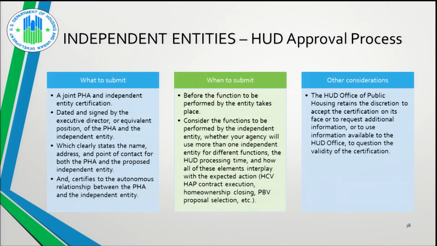Another consideration, as it pertains to the HUD approval process, is that the HUD Office of Public Housing, the field office, retains the discretion to accept the certification on its face or to request additional information or use information available to the HUD field office to question the validity of that certification.